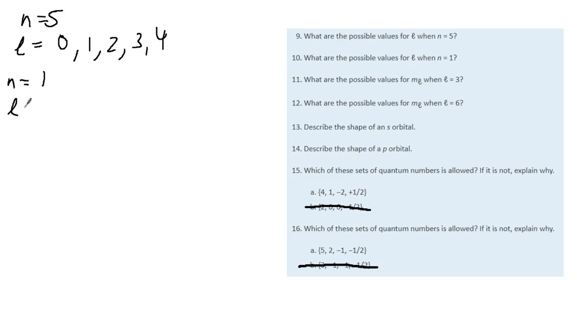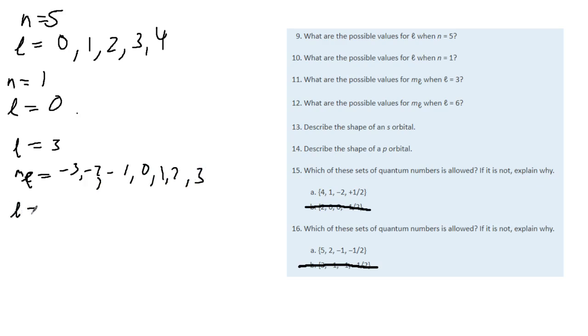N is equal to 1, L can only be 0. When L is equal to 3, oh god, I really hate writing these L's. I want to write regular L's, but if I write regular L's, it'll look like I. L is equal to 3, ML can be -3, -2, -1, 0, 1, 2, or 3.